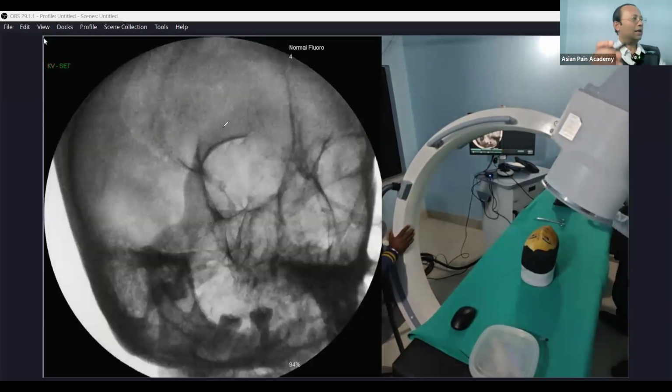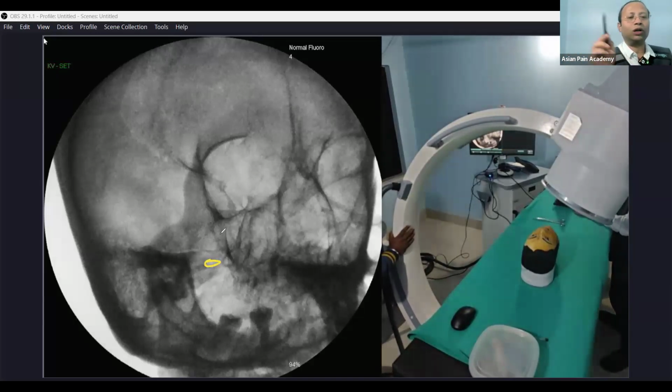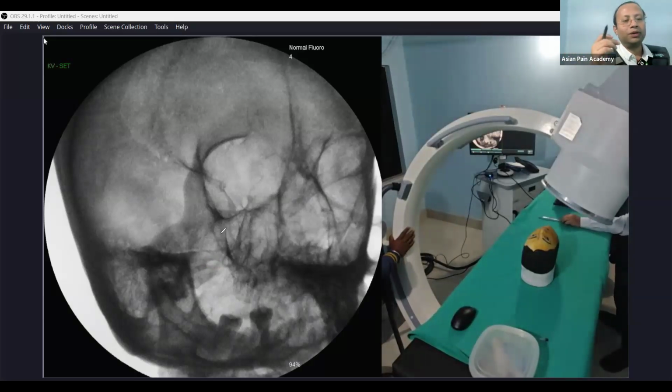Here the angulation is much less, so you can see that this has become smaller. Sometimes in a normal patient, the foramen ovale is not clearly oval shaped; it can be a bit slit type like this, and whatever you do, it doesn't open.